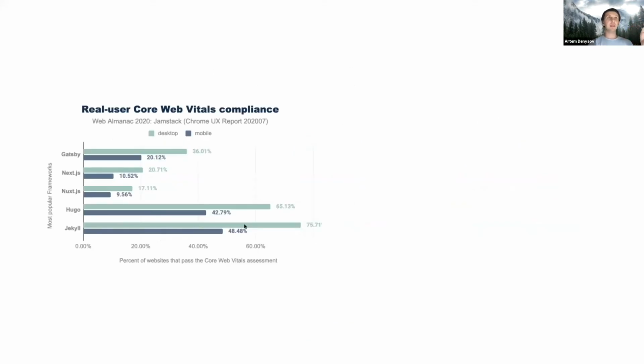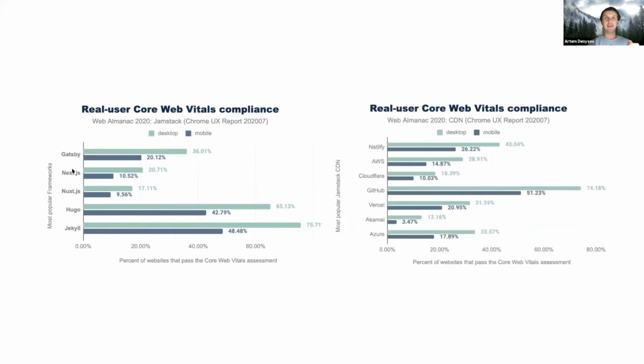And we see that Hugo and Jekyll, which are getting less used, are way more performant than our main SSGs.